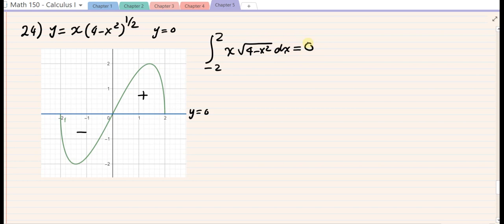But we're told to treat this as the area, so that answer is not acceptable for us. Now, to do that, we have two choices. We can take the definite integral from -2 to 0, which will be negative, and force that into a positive area, or go twice the integral from 0 to 2. In other words, double up on this one. However we do it, it's going to work out fine.